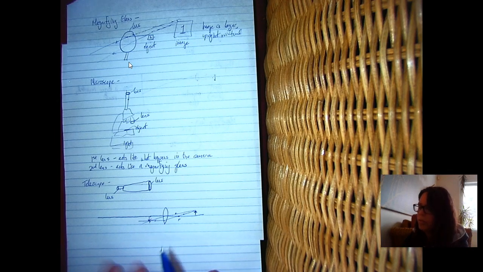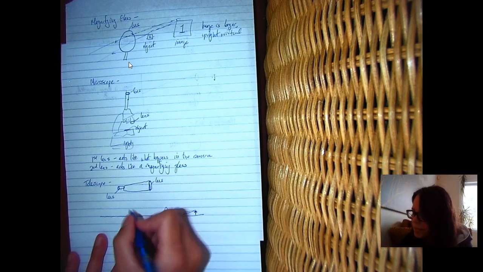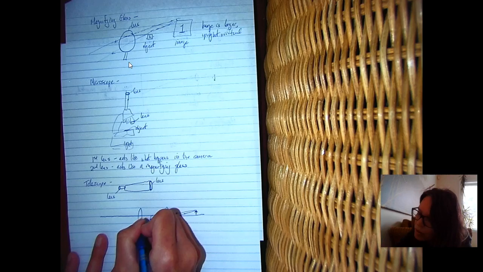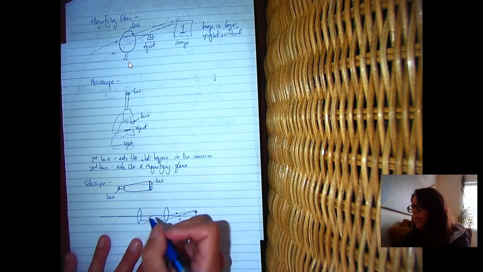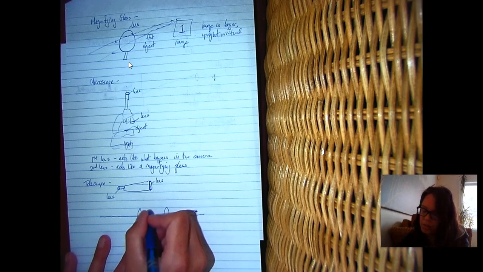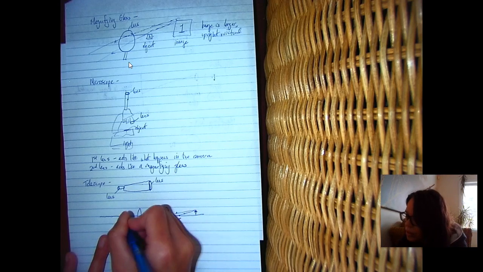Okay, so then there's another lens, and so I'm going to put one in place. And once again, the focal point for this one, I'll just keep it there for simplicity's sake.